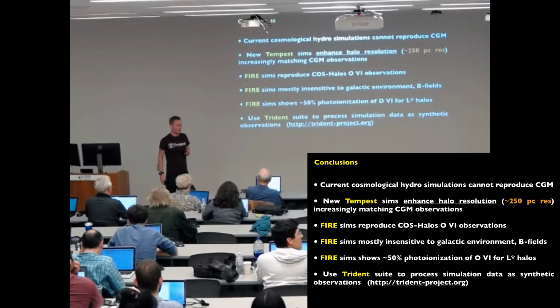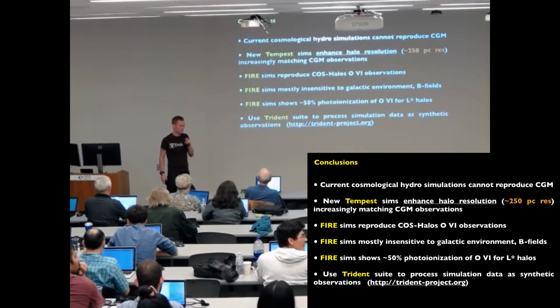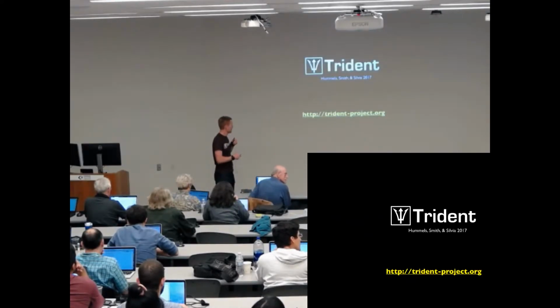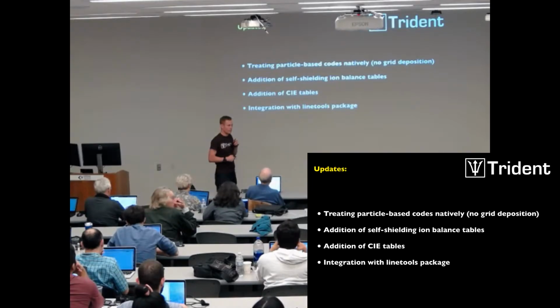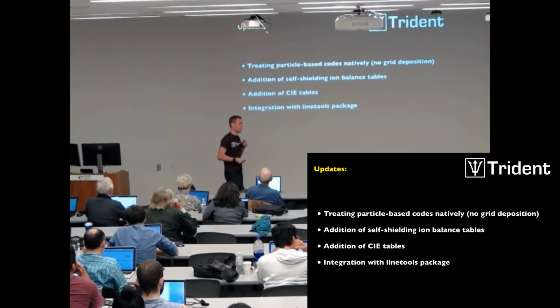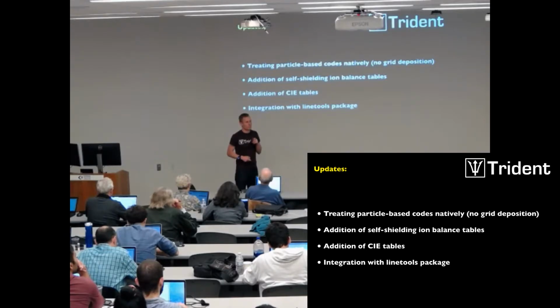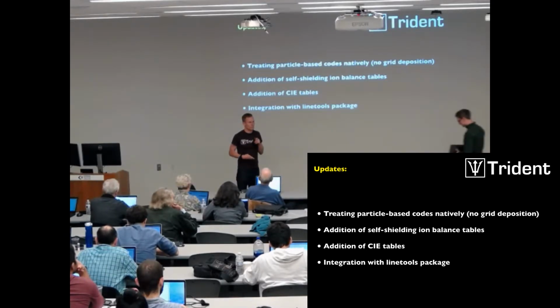Time for questions. Michael. So there's this interesting trend with the COS-Halos results that the non-star-forming galaxies seem to have less oxygen-6. Do you think, based on your results with halo mass and what you showed from Oppenheimer, that's because the quenching process is doing something, or is it purely that those galaxies are in higher mass halos and so they tend to have less oxygen-6?